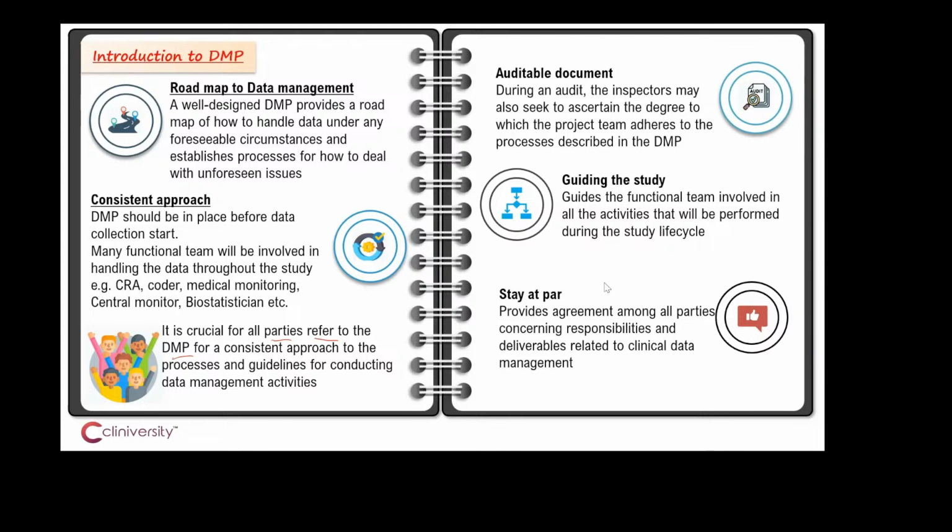Then it helps the study to stay on par because every data management activity that was drafted in the DMP has been agreed upon by all parties, and all of these stakeholders, all the functional groups have jointly authorized those processes that this is going to be applicable to the study.